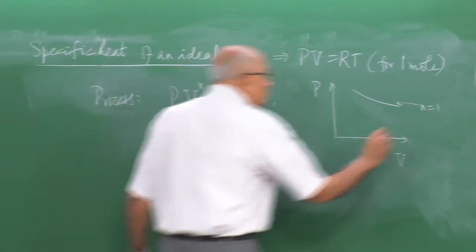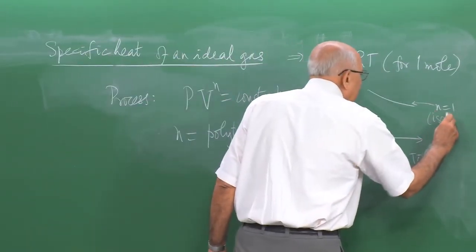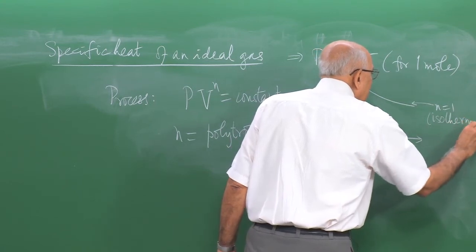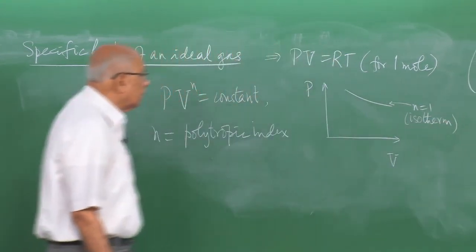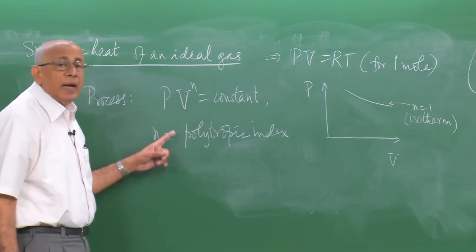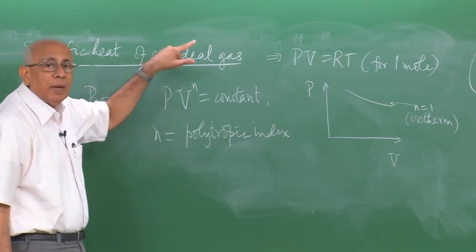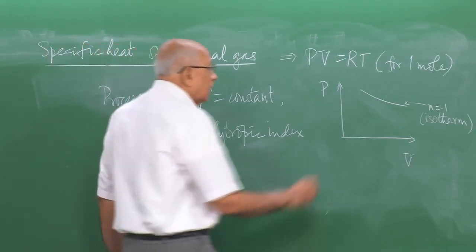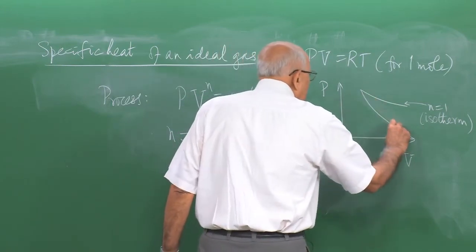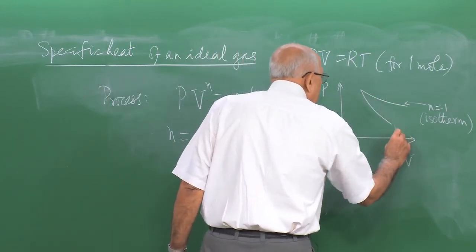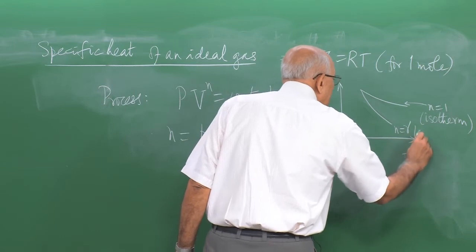So, this is isothermal, that is an isotherm. On the other hand, you could have also had Pv to the gamma equal to constant, which is an adiabat, and since gamma is greater than 1, you have a thing like that which says n equal to gamma, that is an adiabat.